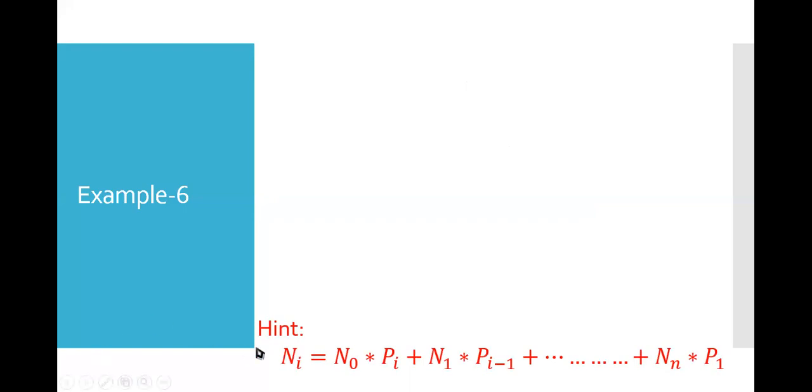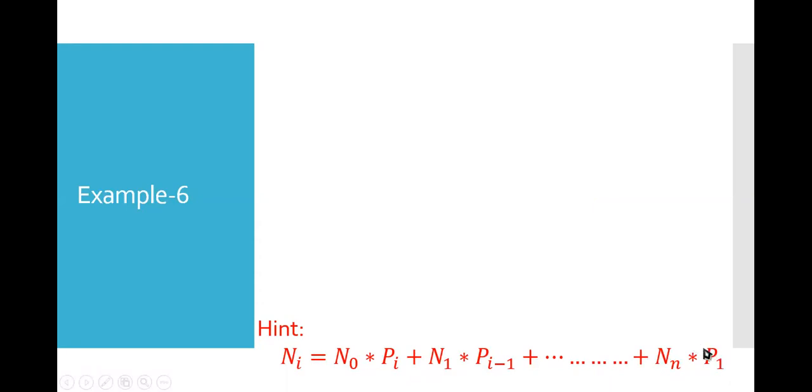Let's say if it is N3, then N3 is equal to N0 P3 plus N1 P2 plus N2 P1, because the last term is P1, so the next is N2 and P1.